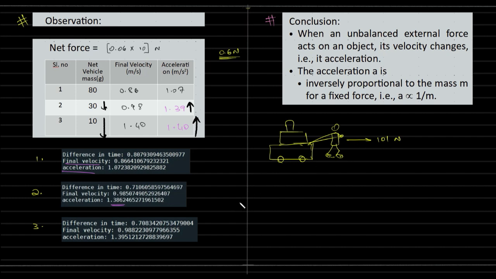But okay, 10 kg, that's good enough. Or if I have to pull something that is not that heavy with the same force, obviously what happens? This will accelerate and this won't accelerate to that extent. It's as simple as that, right?